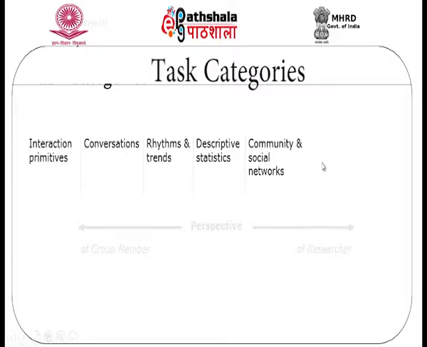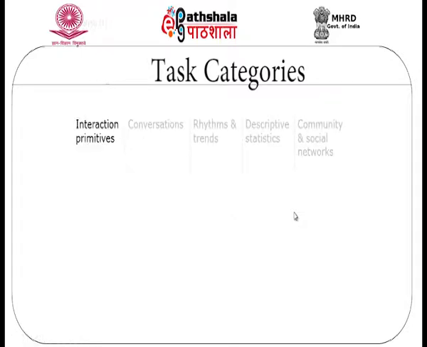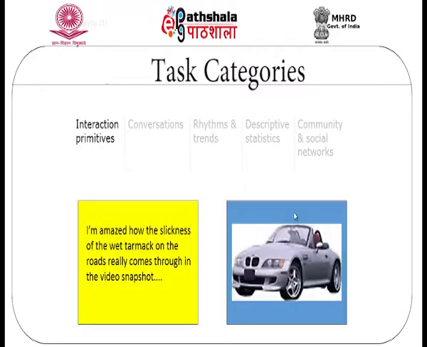The tasks can be conversations, rhythms and trends that occur in the data, descriptive statistics on the data, or community and social networks. Let us look at each task category in detail.